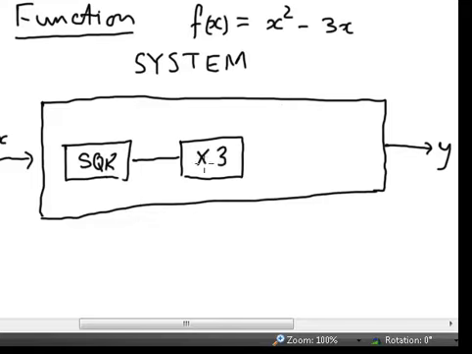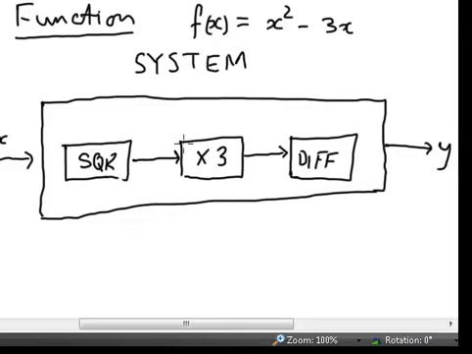Then when the process passes to the next stage, it's going to find the difference, according to the statement there. I just write diff for difference, the difference between x squared and 3x. Then when it does that, it delivers y.